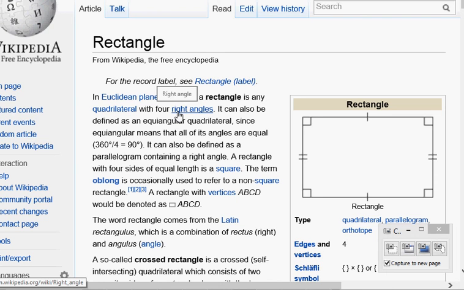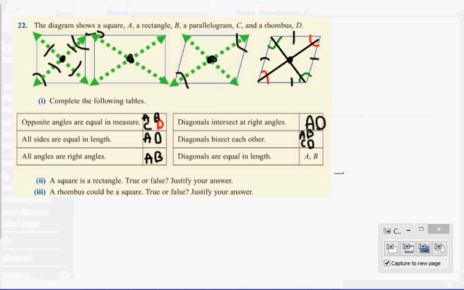A square is a quadrilateral because it has 4 sides. A square also has 90-degree angles on each side. Therefore, a square is a rectangle. All squares are rectangles, but not all rectangles are squares. Basically, so false. Oh, sorry, true.